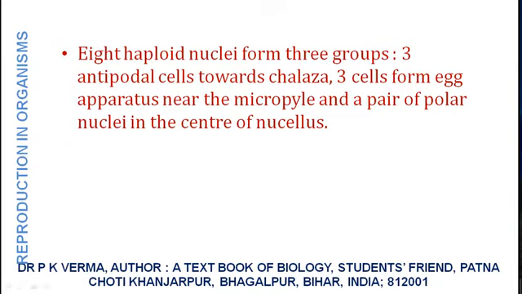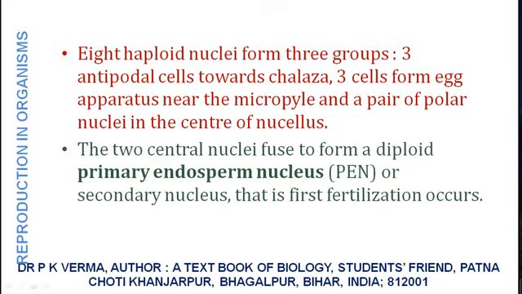So one cell, 8 nuclei stage is formed. The 2 central nuclei fuse to form a diploid primary endosperm nucleus, so the total number of nuclei becomes 7 within the megaspore.